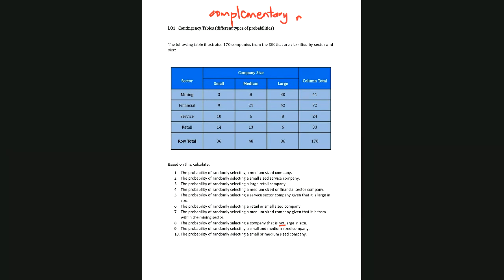So with your complementary rule, you would have come across that the general formula is the probability of A occurring is calculated by taking 1 minus the probability of A not occurring.